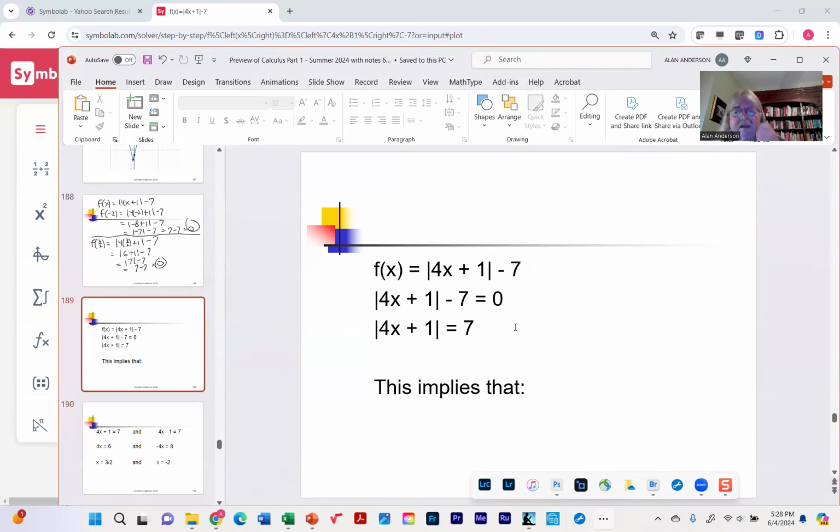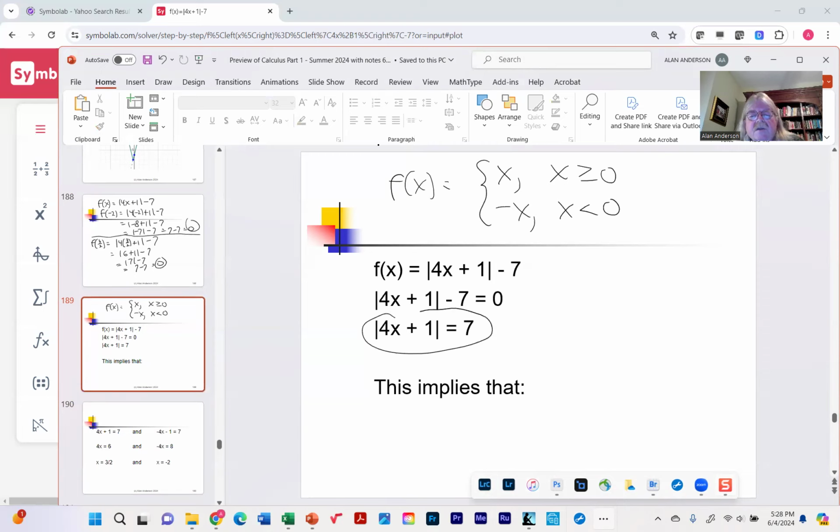Now, remember, because of the way the absolute value is defined, this implies that two things are true.